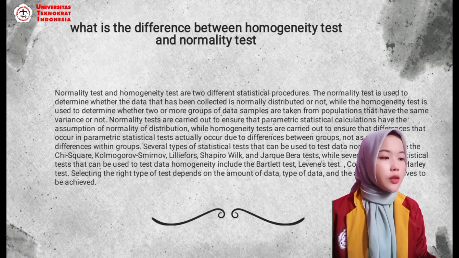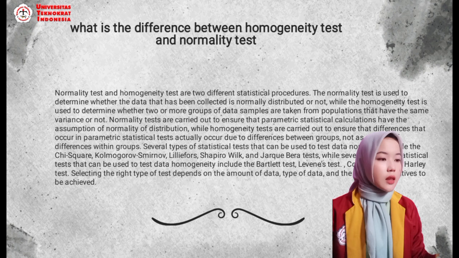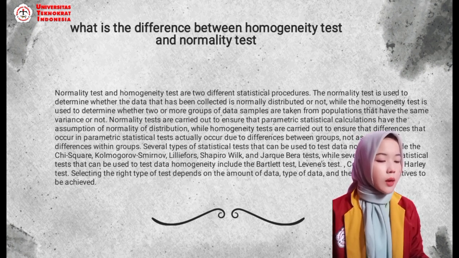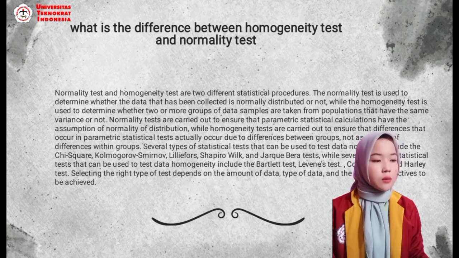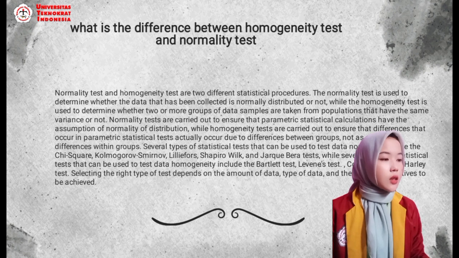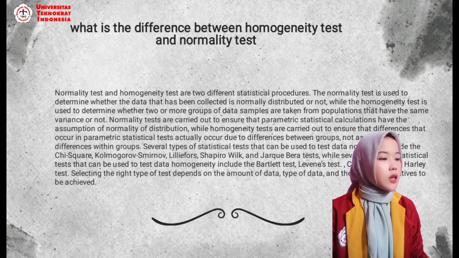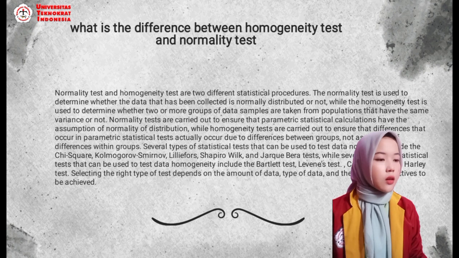Next, what is the difference between the homogeneity test and the normality test? Normality test and homogeneity test are two different statistical procedures. The normality test is used to determine whether the data that has been collected is normally distributed or not, while the homogeneity test is used to determine whether two or more groups of data samples are taken from populations that have the same variance or not.